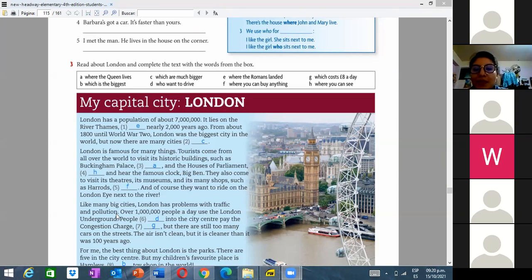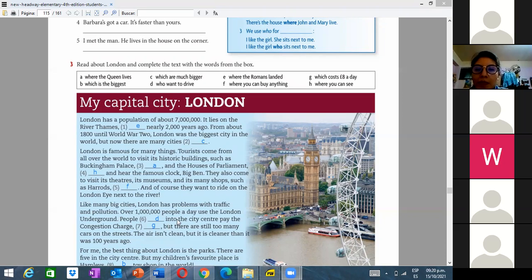Like many big cities, London has a problem with traffic and pollution. Over 1 million people a day use the London Underground.